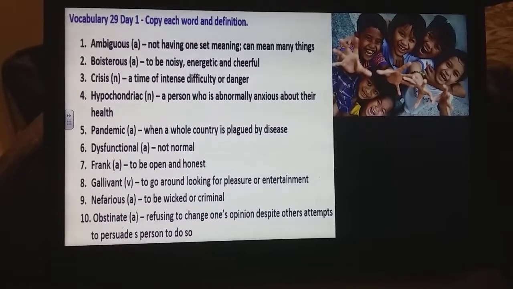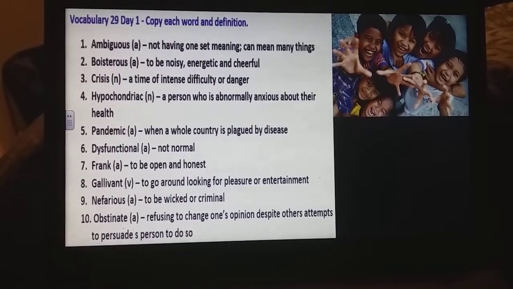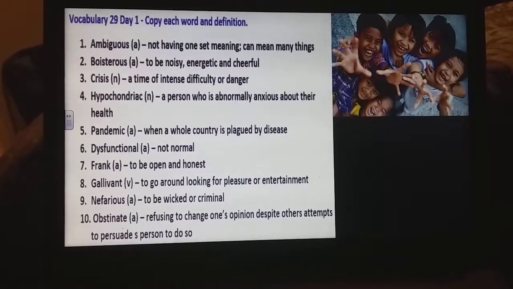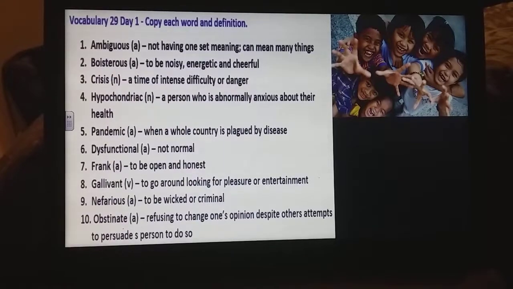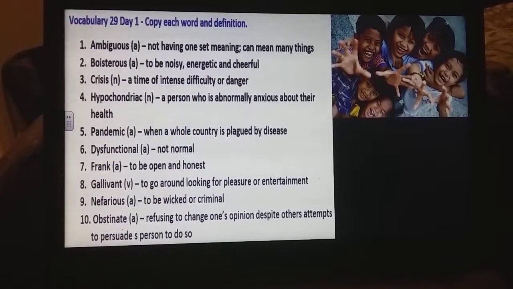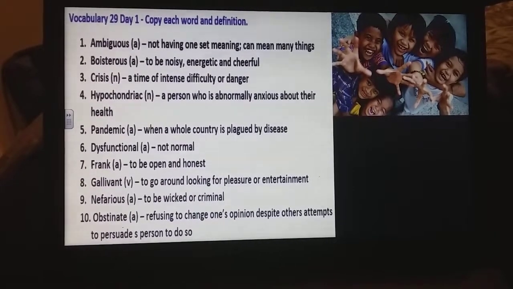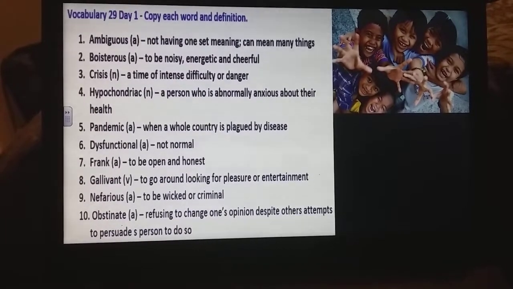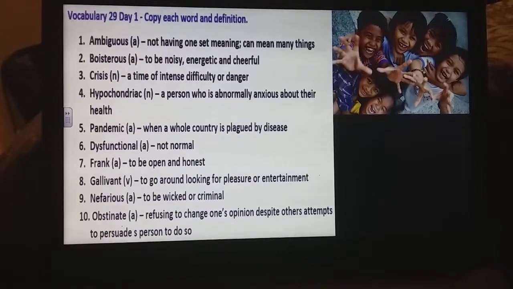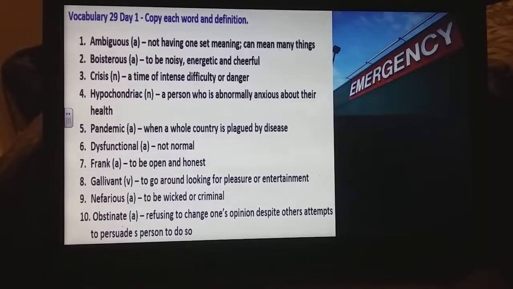Word number 3 is the word crisis. Crisis. The word crisis is a noun, which, remember, is a person, place, thing, or an idea. So when we're talking about a crisis, that's a time of intense difficulty or danger.